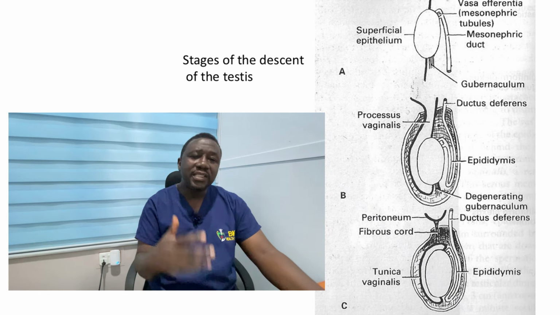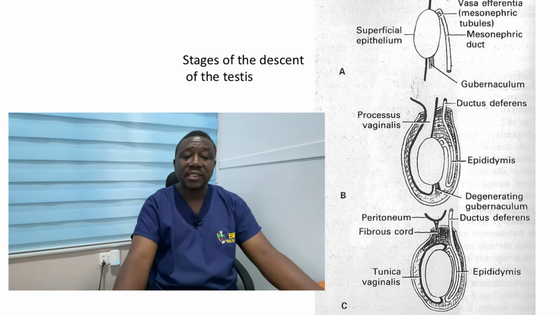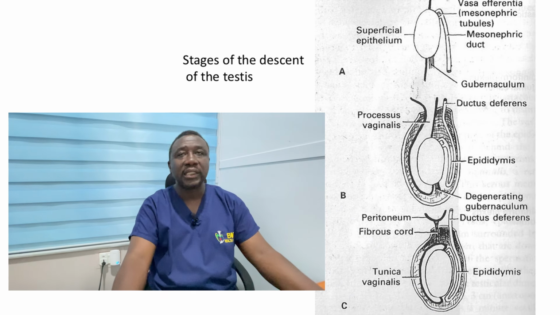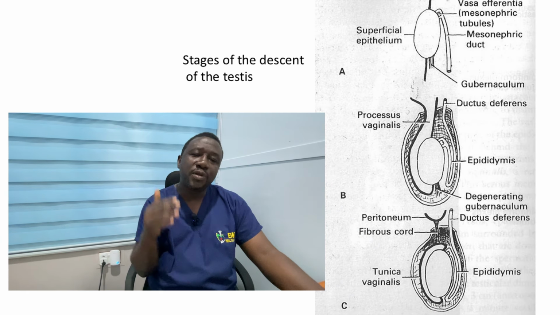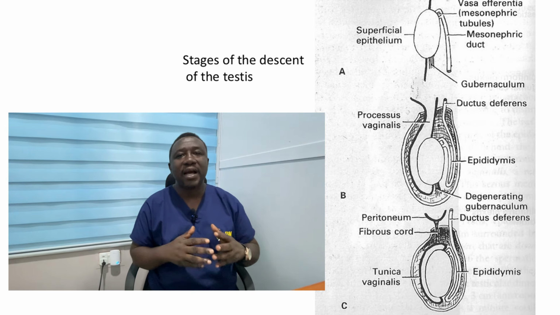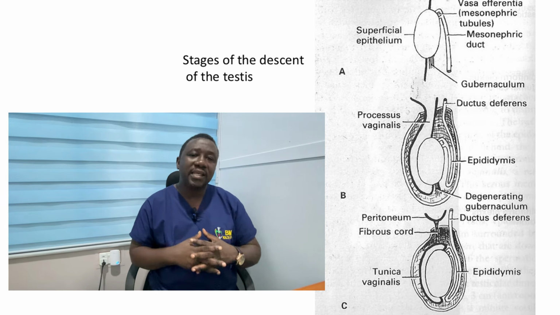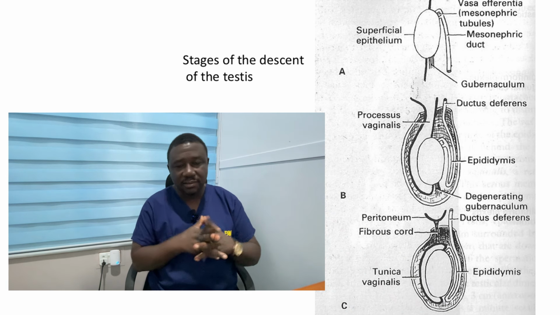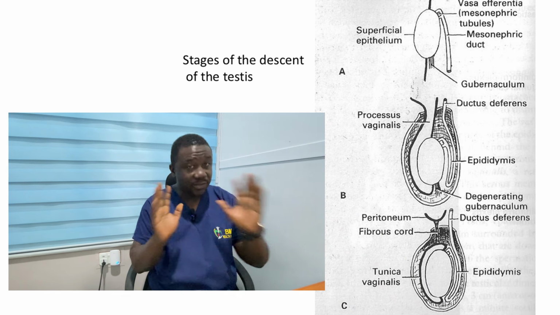Okay, if you look on the screen, we have A, B, C showing different stages of the descent of the testis. If you look at A, the testis was very naked. Once it passes the posterior abdominal wall and enters through the anterior abdominal wall via the inguinal canal, it takes skin, coverings, and muscles from these structures, and this is very important.